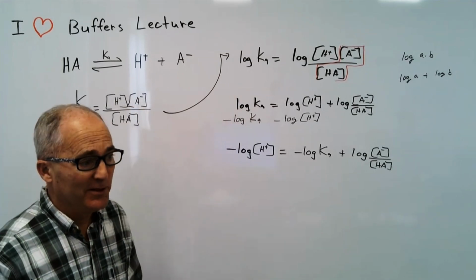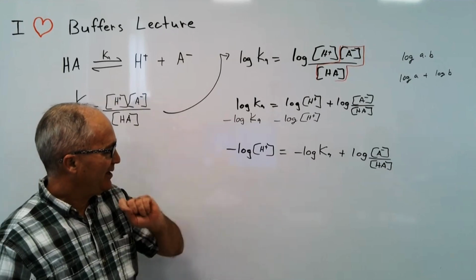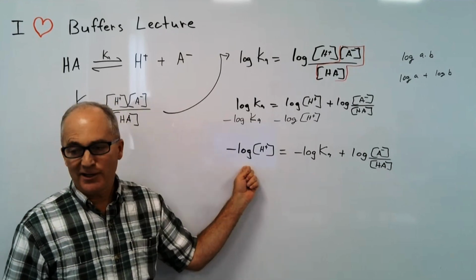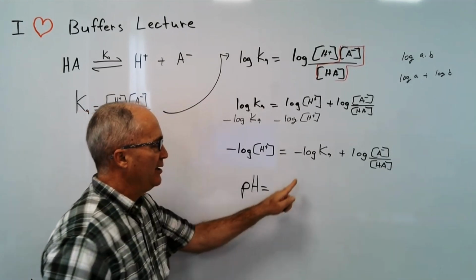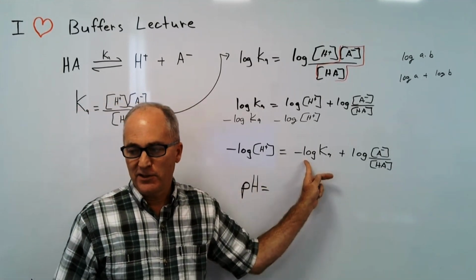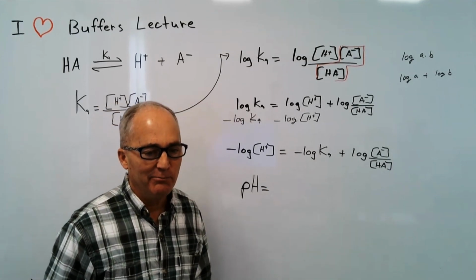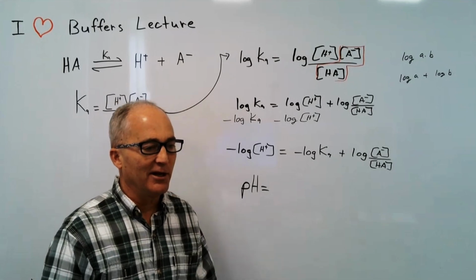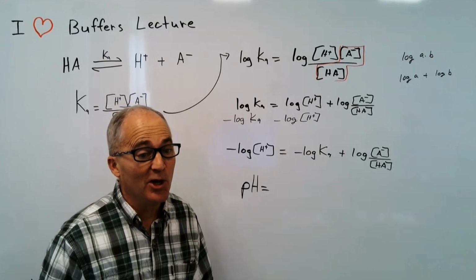Now we've reached a beautiful part in our lecture because you all can tell me what has the definition negative log of hydrogen ion? pH. And what has the definition negative log of Ka? We remember negative log of anything, we called it P. Like negative log of OH is pOH.